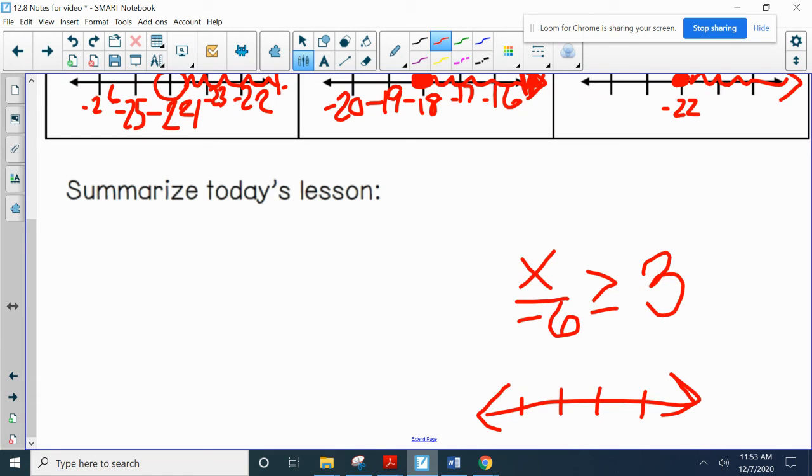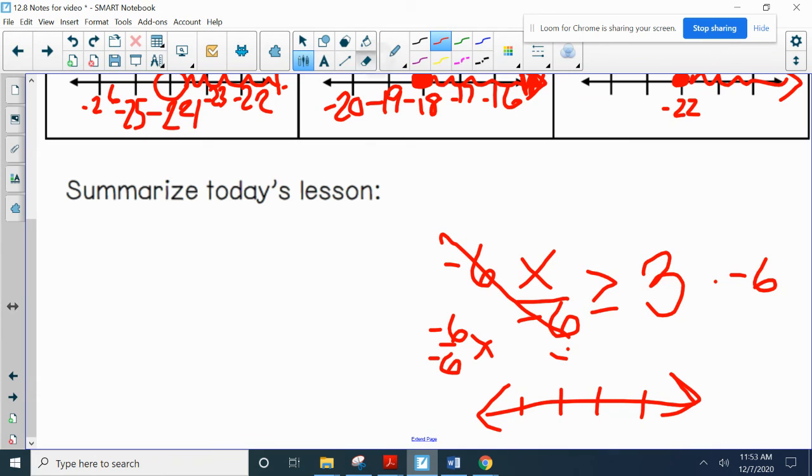So to get rid of division, we need to multiply. So negative 6. So times negative 6. This cancels because I have negative 6 over negative 6, which is just 1. So negative 6 over negative 6x.